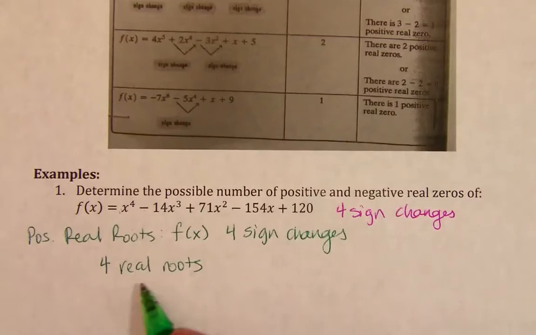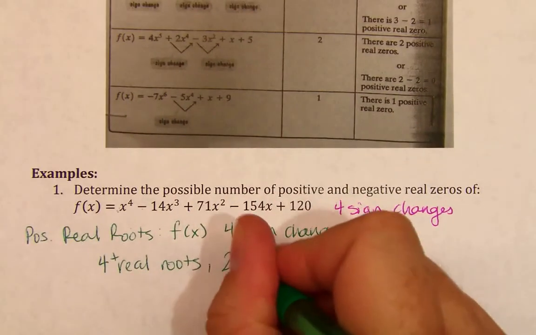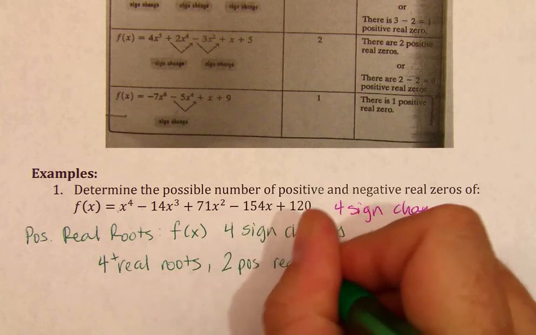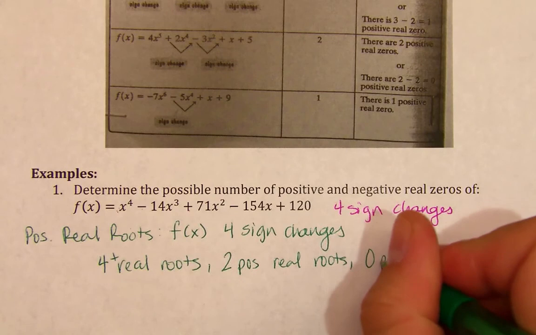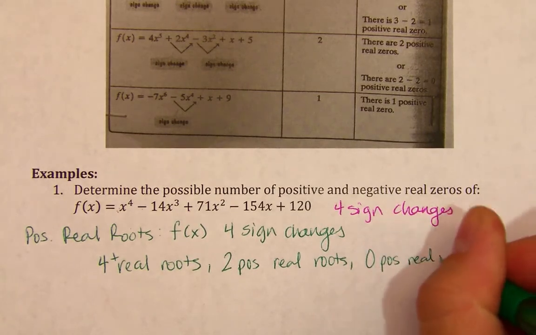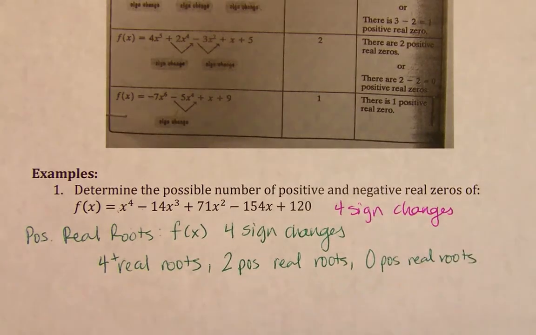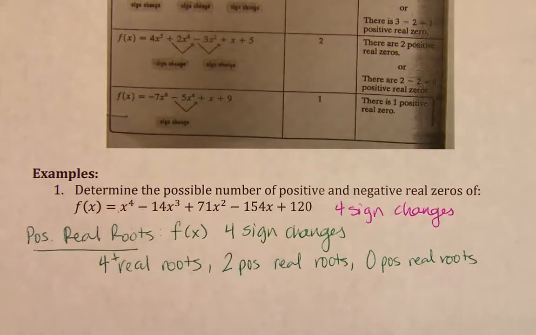So we either have 4 positive real roots, 2 positive real roots, or 0 positive real roots. Now that's just talking about the positive real roots.